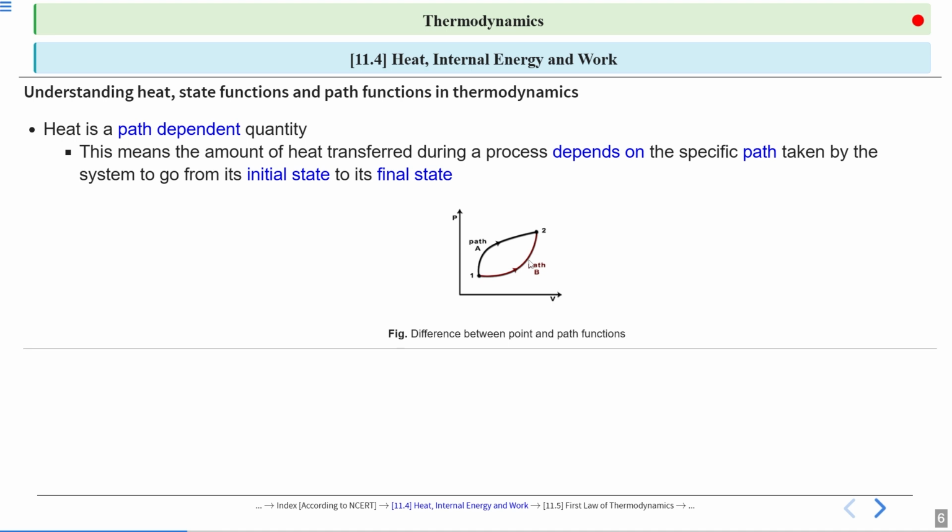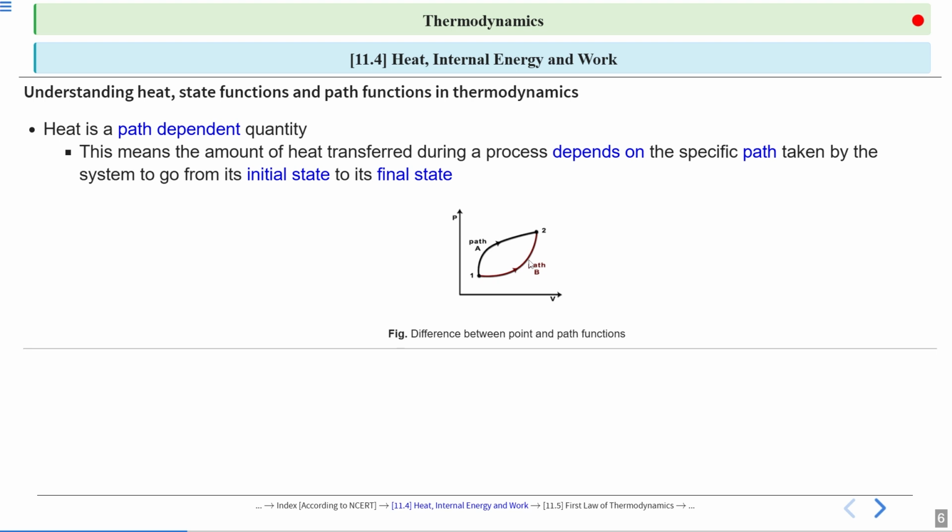All right, because heat is path dependent. It depends on path. It does not depend on initial and final position. So here we can say heat is a path function.